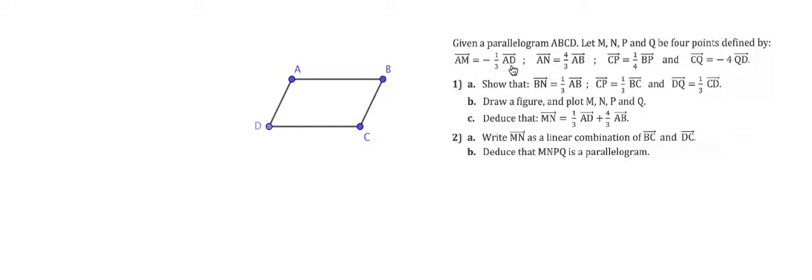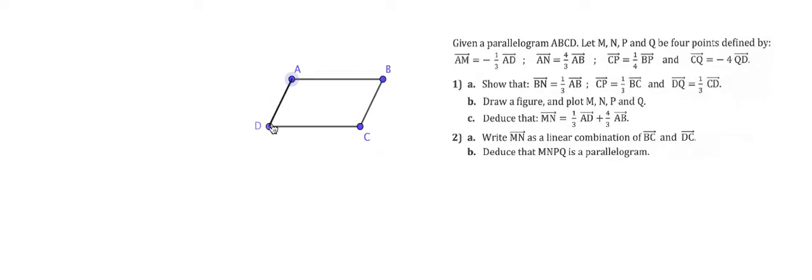AM and AD have same direction, opposite sense, since the scalar here is negative, and the magnitude of vector AM equal the absolute value of minus 1 over 3, which is 1 over 3, multiplied by the magnitude of AD.